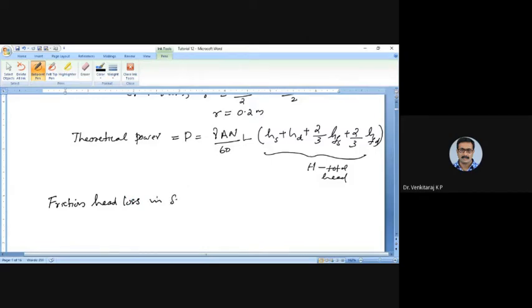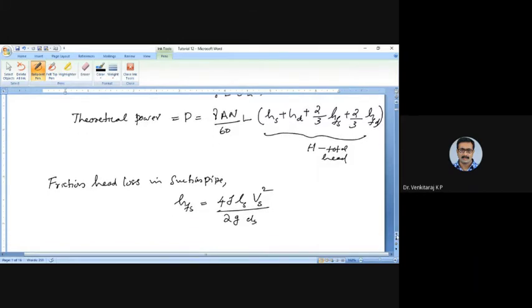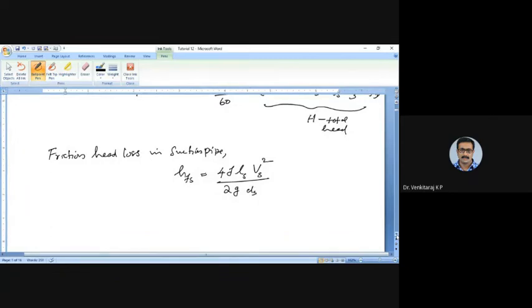in suction pipe HFS is equal to 4 F LS Vs square divided by 2 G D S. In this equation, Vs is the velocity of the fluid in the suction pipe when the piston is at the center of the cylinder, that is crank angle theta equal to 90 degree.